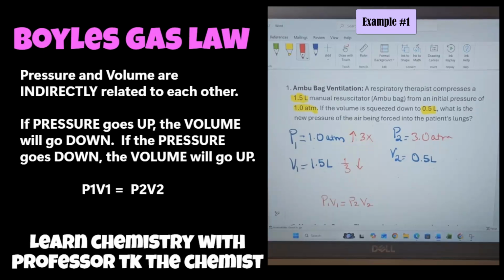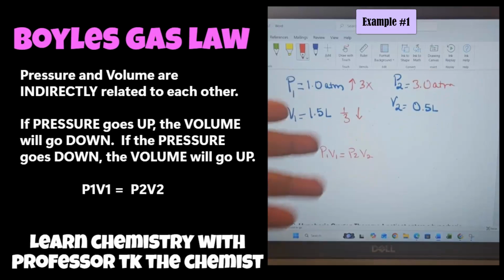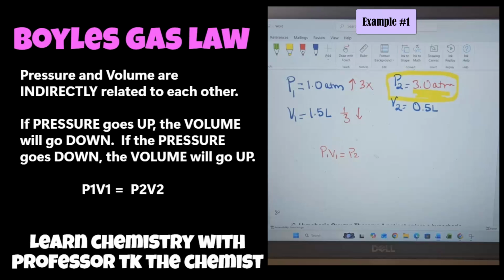But even though I give this to you, you have to know how to rearrange it. So we're looking for P2. Since we're looking for P2, my formula is P1 times V1 divided by V2.